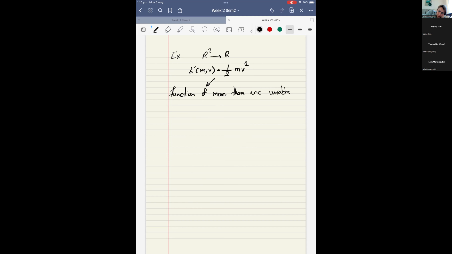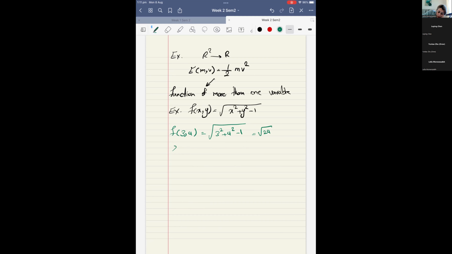For example, f of x and y equal to the square root of x squared plus y squared minus 1. Now look at this one. If I put 3 and 4, your answer would be 3 squared plus 4 squared minus 1, which is the square root of 24.